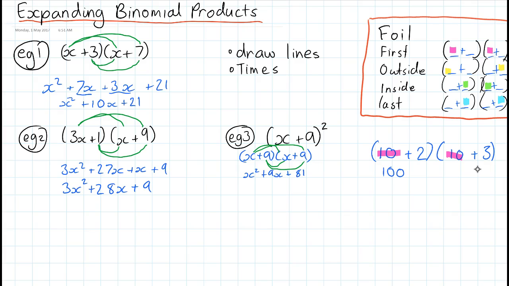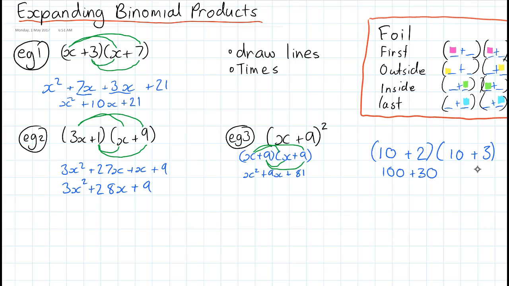That's exactly like squaring the x's in the first example. Then I go outside times outside. So the outside 10 times the outside 3, which is 30. The inside 2 times the inside 10. This is just following the lines like before, or using this FOIL acronym: first, outside, inside, last.